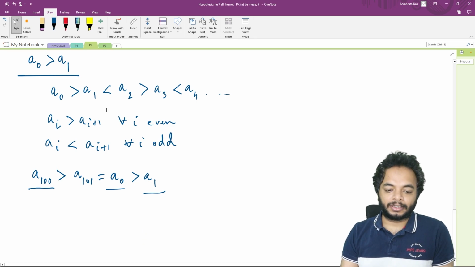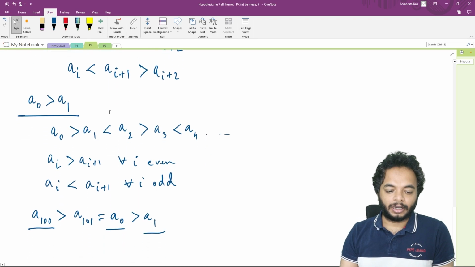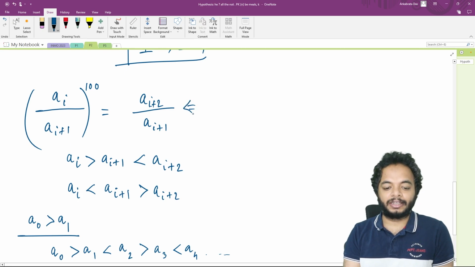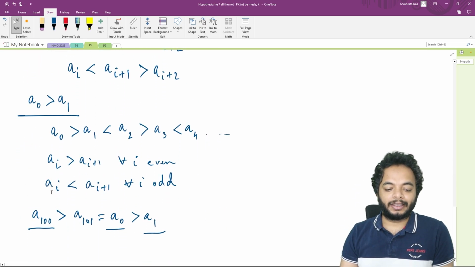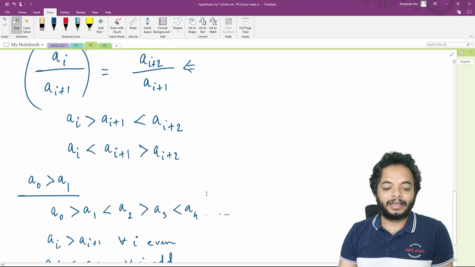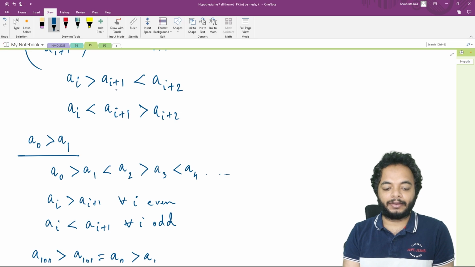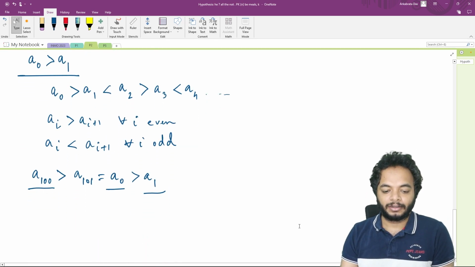And that is a contradiction, because when you have this relation involving a100, a0 and a1, if a100 is greater than a0, then a0 has to be lesser than a1.